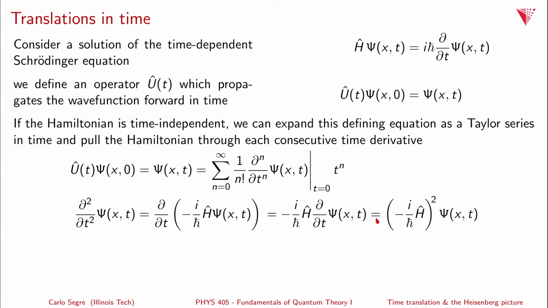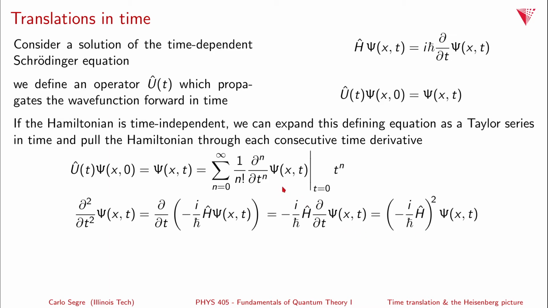So ultimately, we get minus i over h bar times the Hamiltonian quantity squared applied to psi of x and t. And you can see that for whatever power of n, we can just repeat this n times and get the same quantity, minus i over h bar times the Hamiltonian, to the nth power.